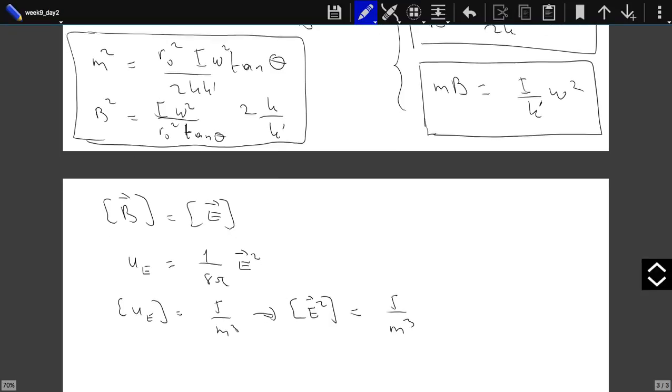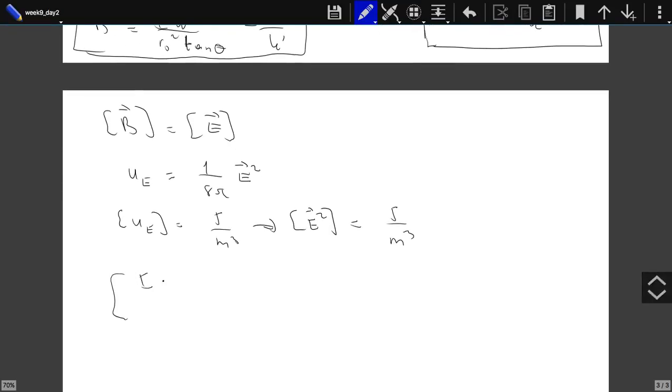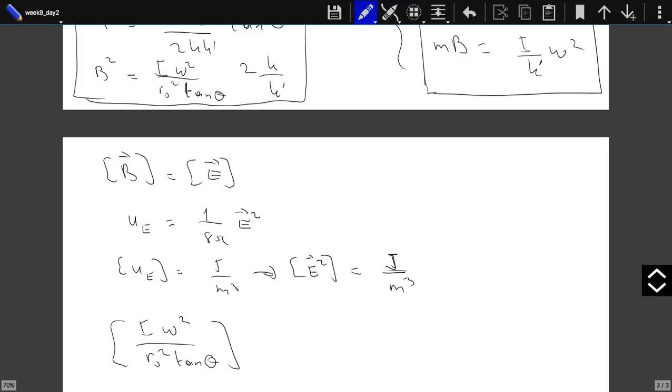Okay. What is the unit of this I omega squared divided by R0 squared tangent theta? What is the unit of I? Kilogram meter squared. What is the unit of omega? 1 over second. What is the unit of R squared? Meter squared.